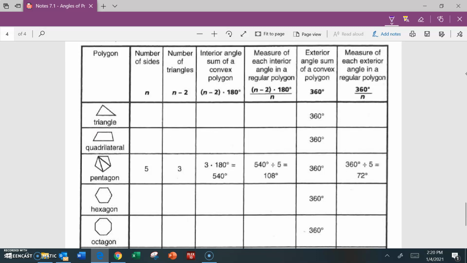A quadrilateral, we know, has 4 sides. And then it really is going to investigate this formula that we started our notes off with today. And we know that 4 minus 2 is 2. It's not that this chart's going to be hard, but what I want to show you is that right here, when it says interior angle sum of a convex polygon, it's using the n minus 2, which really stands for how many triangles you can fit inside of a polygon from one vertex if you draw one diagonal only.